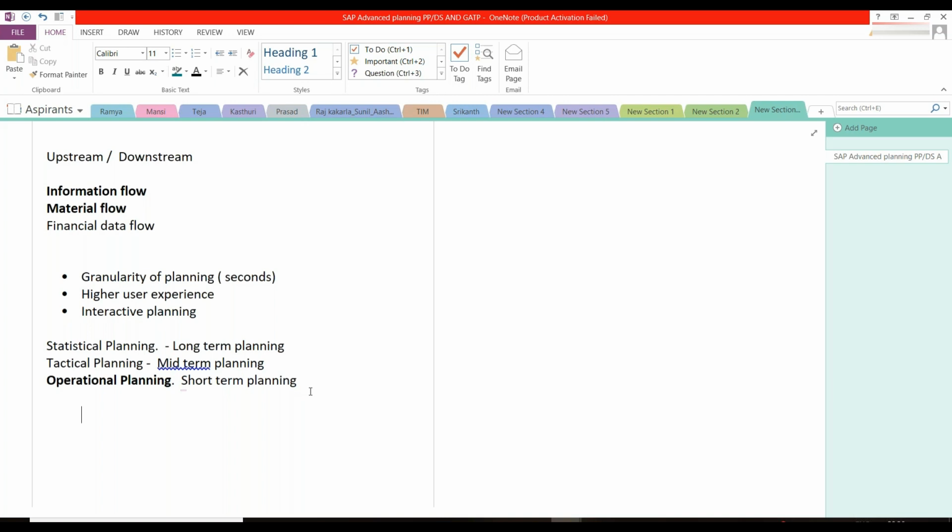Then the other thing you said is around the interface where the user works, similar to the planning cockpit, so they can easily work on that. That's what I realized is why a customer will go for PPDS rather than the production plan.